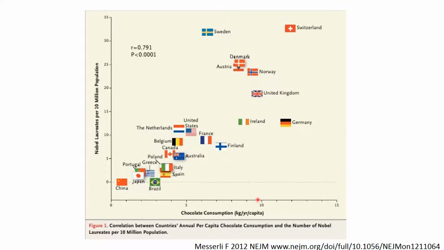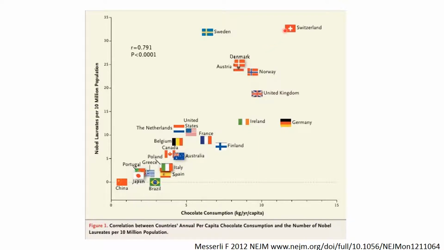It looks like if your country eats lots of chocolate, you have some kind of higher tendency to produce groundbreaking scientific research or literature. And the journal article actually goes into some detail, trying to propose a physical mechanism, that some of the chemicals in chocolate lead to more intelligence in the population.